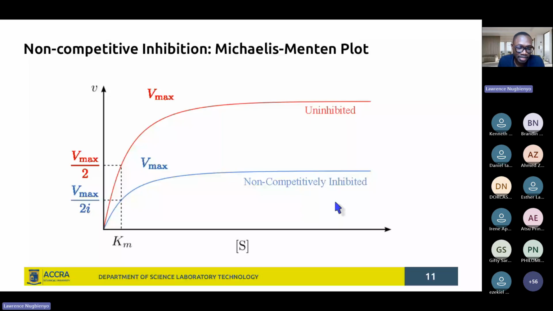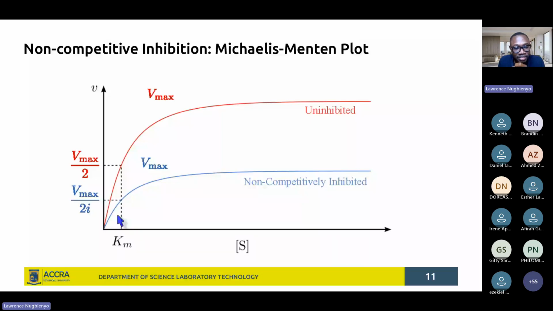Now, what you see is that the Michaelis-Menten constant is the same. That has not changed. In competitive inhibition, the Michaelis-Menten constant changed. But here, you see the Michaelis-Menten constant is the same. It means that it is at the same substrate concentration that you achieve half of the maximum rate of the reaction in both cases.